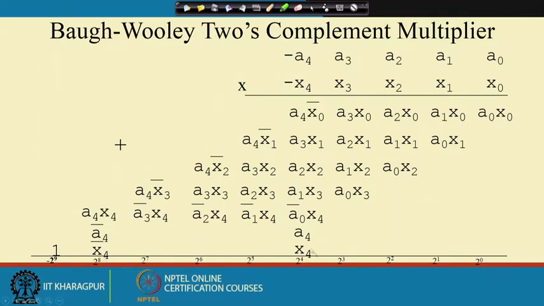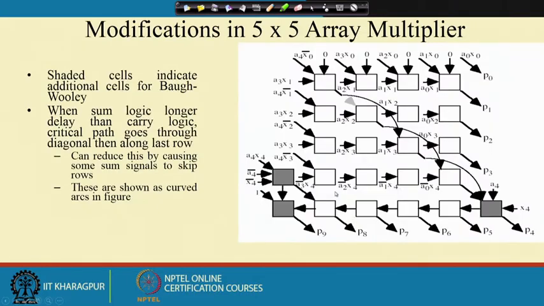So, this addition of extra overhead is because of the 2's complement multiplier, which we have to consider in this particular case. So, how can we do this in the array multiplier for this Baugh-Wooley multiplier? This was the initial array multiplier for unsigned multiplication.